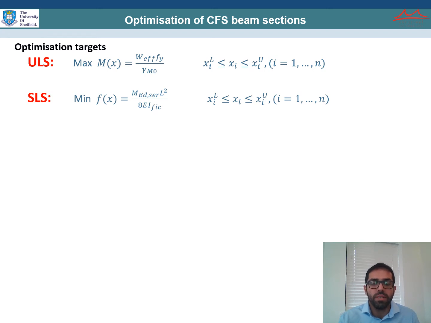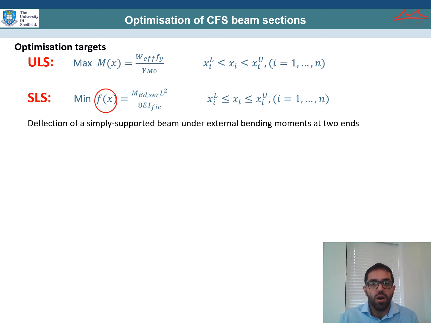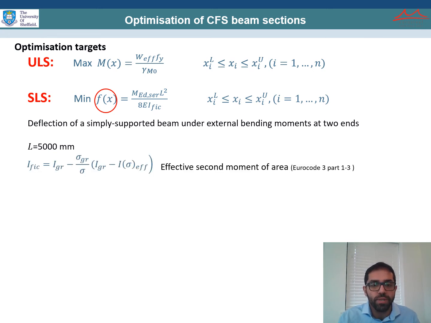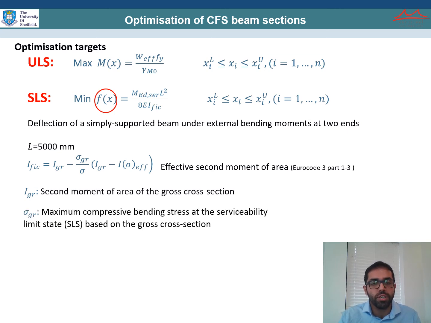And for the serviceability limit state, the target is actually the deflection of a simply supported beam under external bending moment at 2 ends. We consider that L is the length of the beam and is taken equal to 5 meters. I effective is the effective second moment of area, which is proposed by Eurocode 3 part 1-3, and I gross is the second moment of area of the gross cross section.